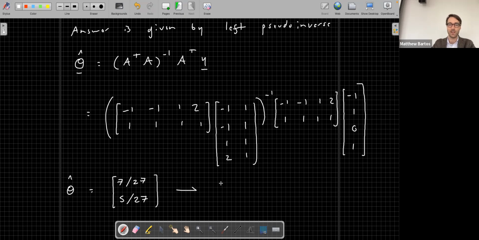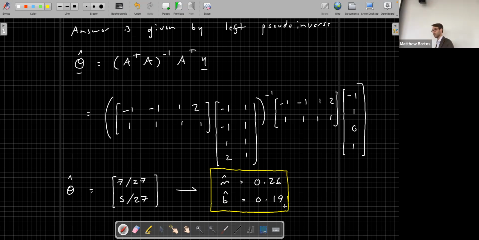So you'll end up with your optimal slope m being about 0.26, and your optimal offset b being equal to 0.19.